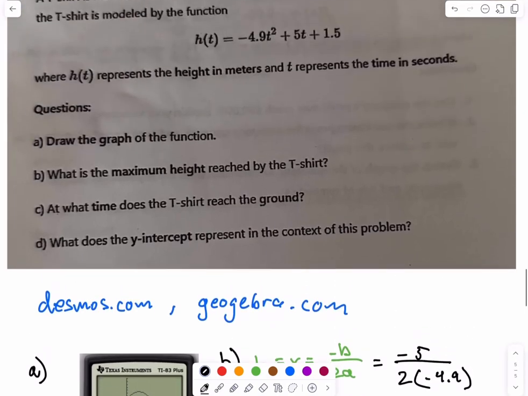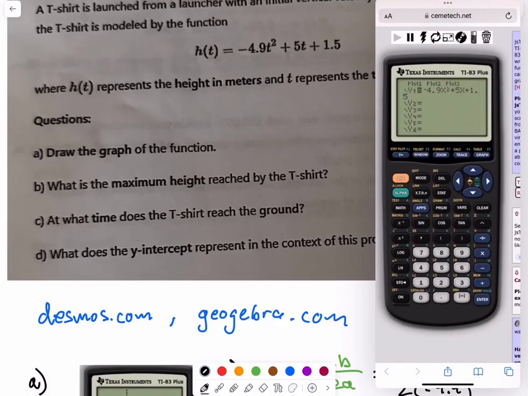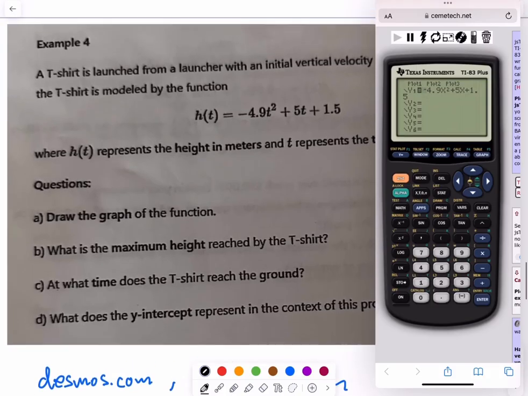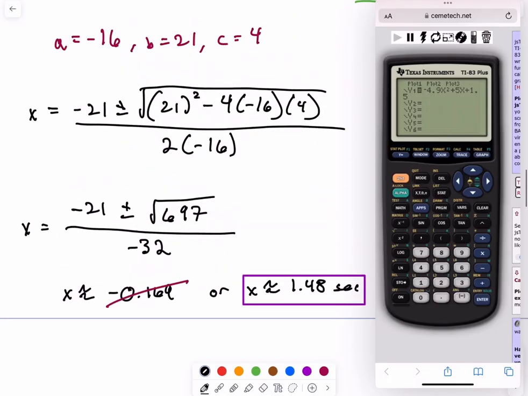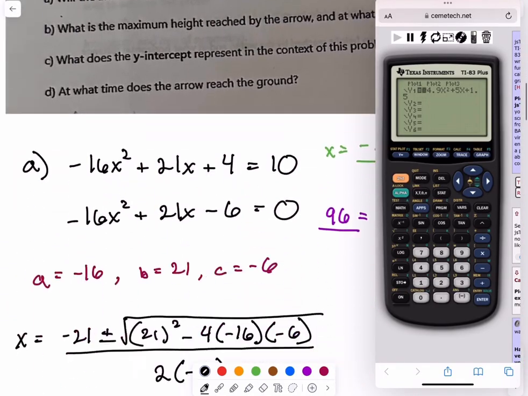Okay, so we need a copy of the original. I'll put it here in my y equals.